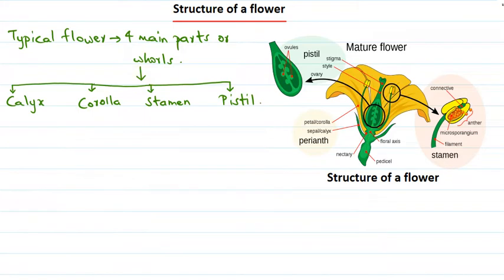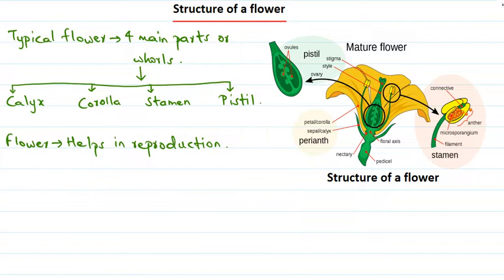What is the primary function of a flower? As I said earlier, a flower mainly helps in reproduction in plants.